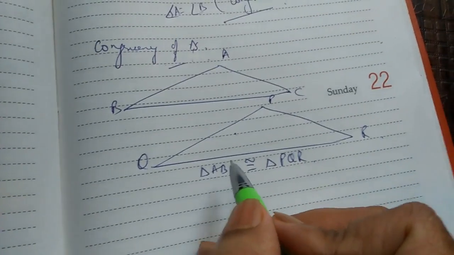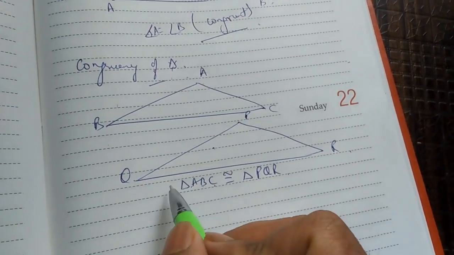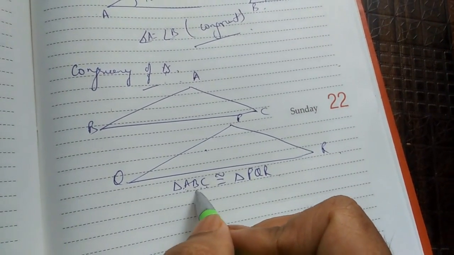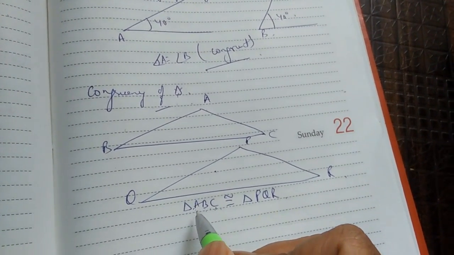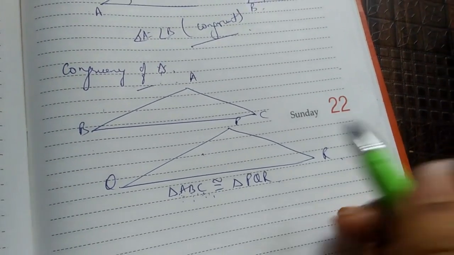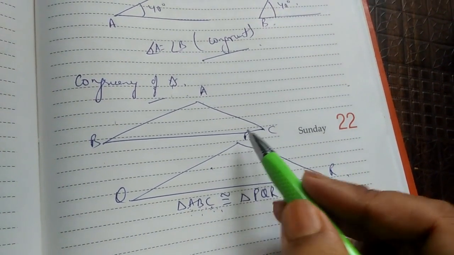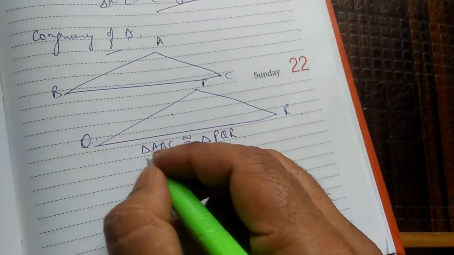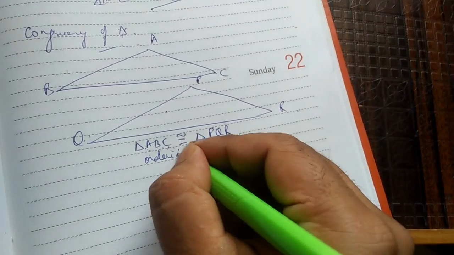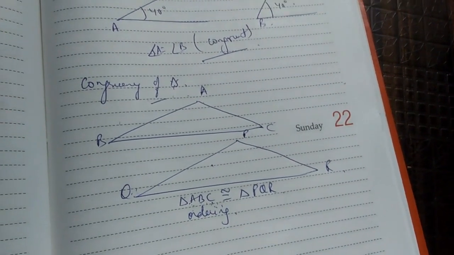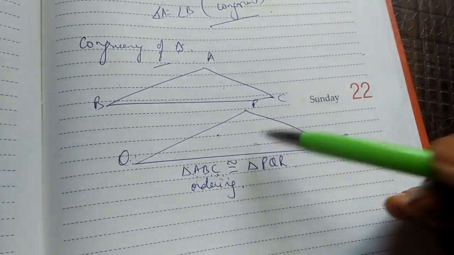The order matters: triangle ABC is different than triangle BAC, different than triangle CAB, or CBA. This is called ordering, we will get to it later, but for the time being, understand triangle ABC is congruent to triangle PQR. Both these triangles are similar.